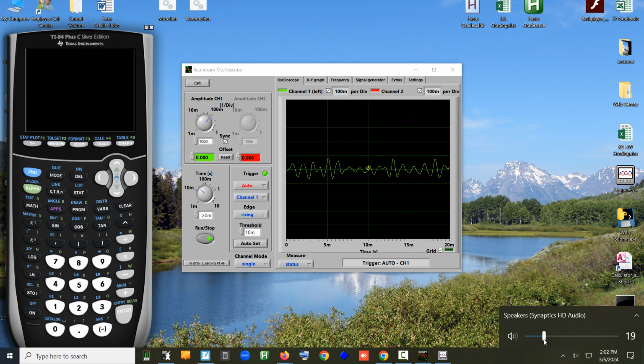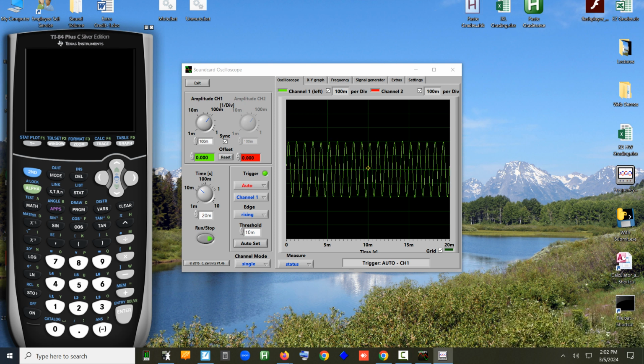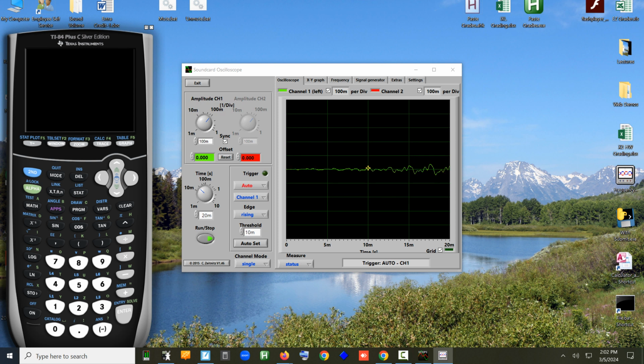Of course, if I talk, it messes up the wave. So you can definitely see it stretching and compressing. Now, when I do it tomorrow, when I change the frequency, you're going to see it stretching and compressing the other way. Okay, but we'll look at that tomorrow.